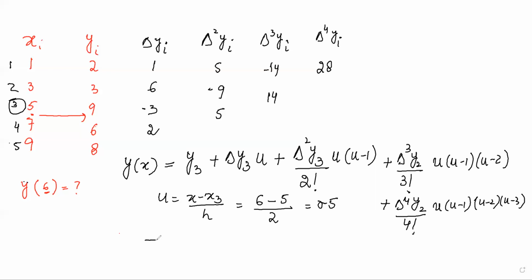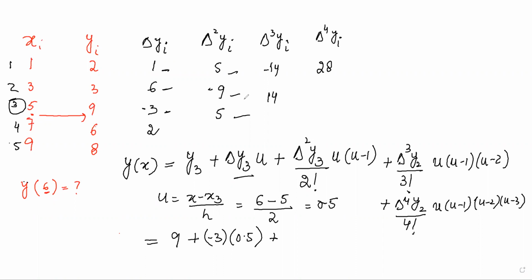So put the values. y3 is equal to 9, plus delta y3 into u. This is delta y1, delta y2, delta y3, which is minus 3, into u, which is 0.5. Plus, then we have delta 2 y3.